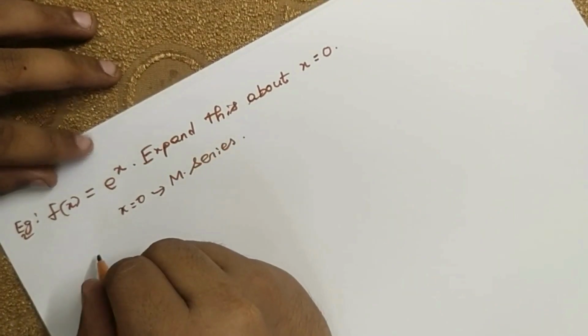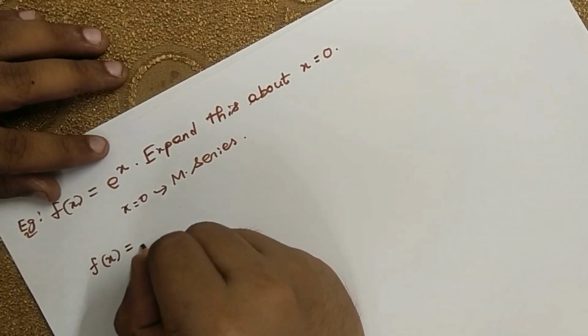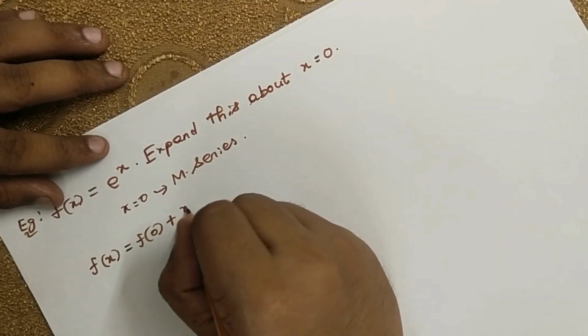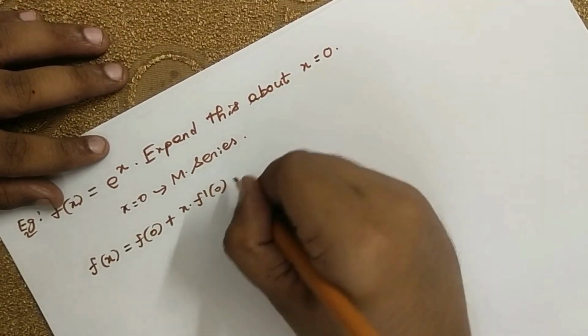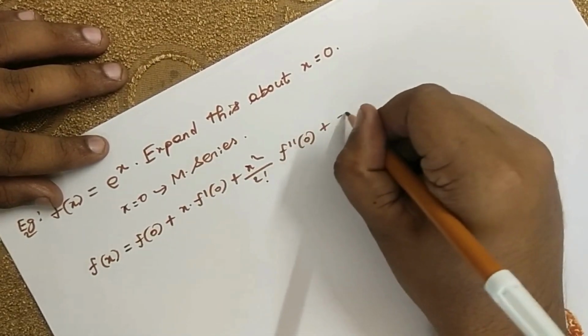Yes. So according to the Maclaurin series, the series is f of x is equal to f of 0 plus x by 1 factorial into f dash of 0 plus x square by 2 factorial f double dash of 0 and so on up to infinity, right?